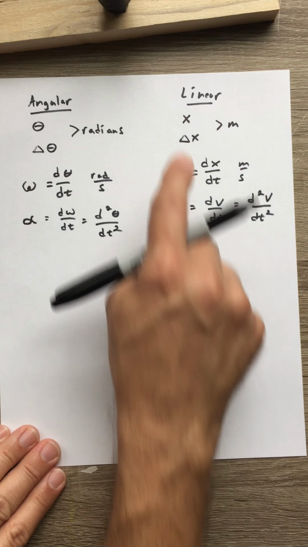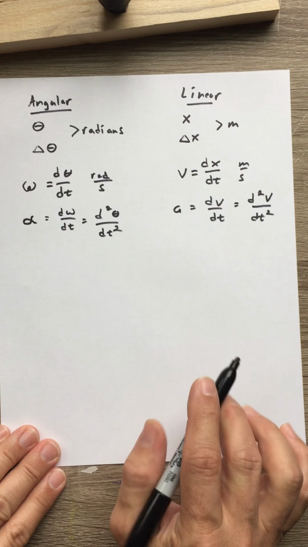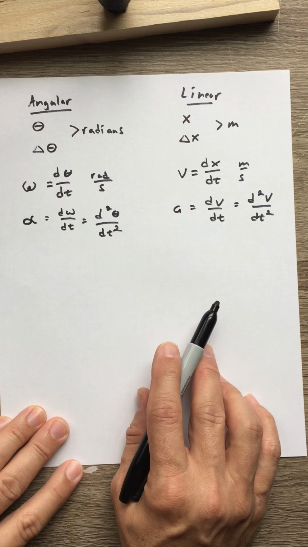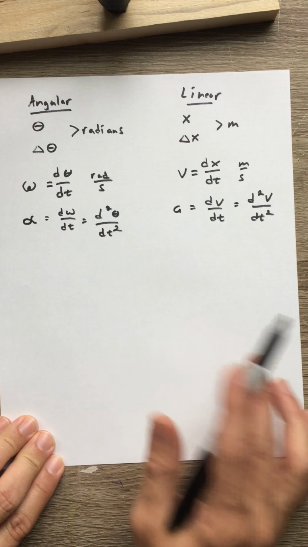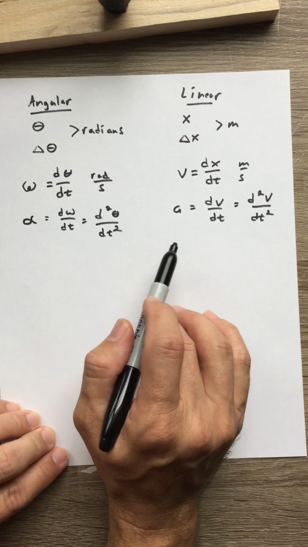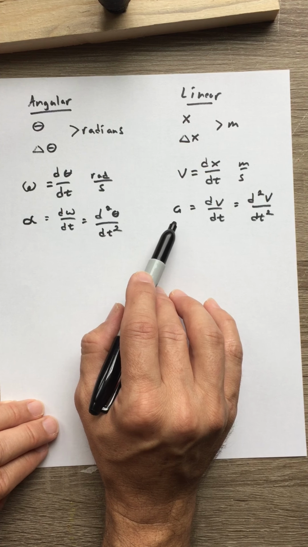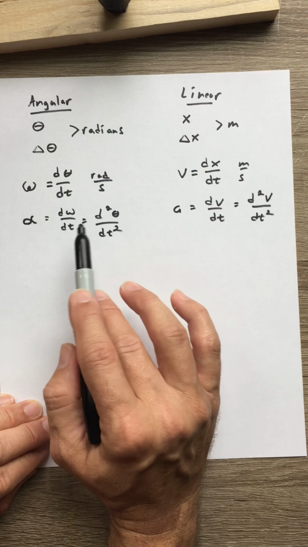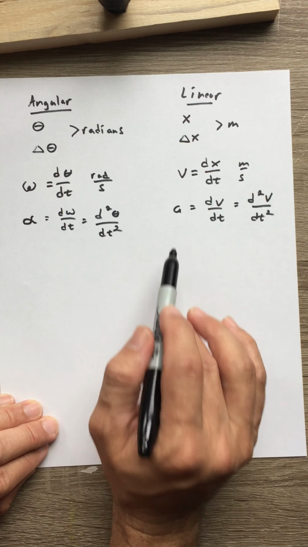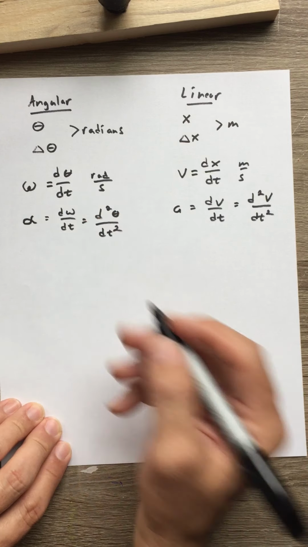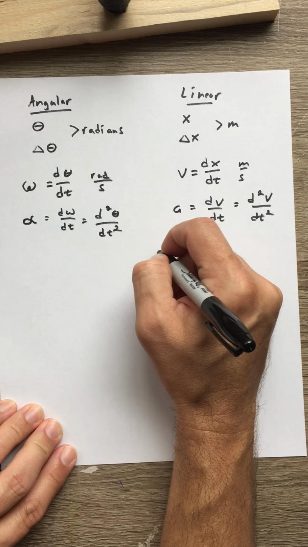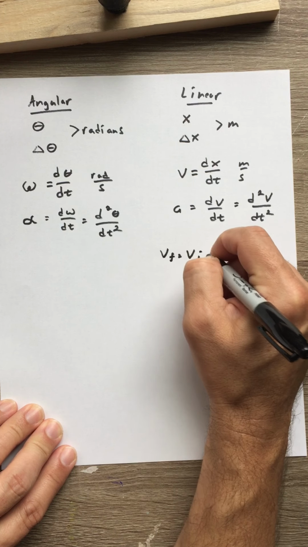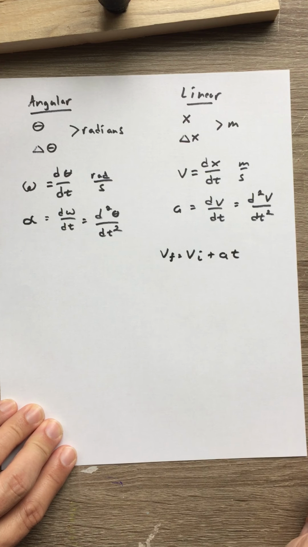So once I have these, I can actually do a lot of things. Let me just say that most of the equations I've developed so far, I can now use with angular quantities, just like I did with linear quantities. For instance, kinematic equations. What did I have? V final is equal to V initial plus a t.